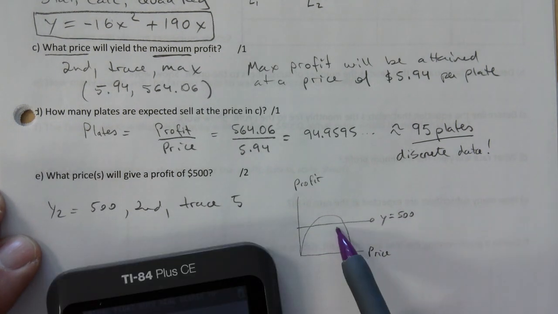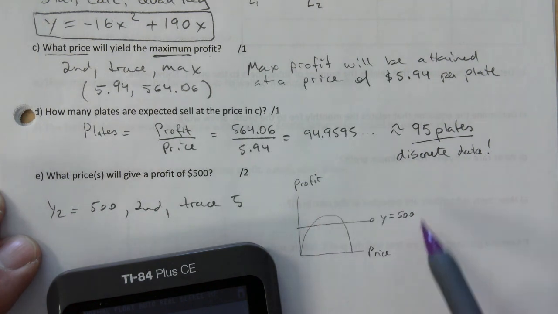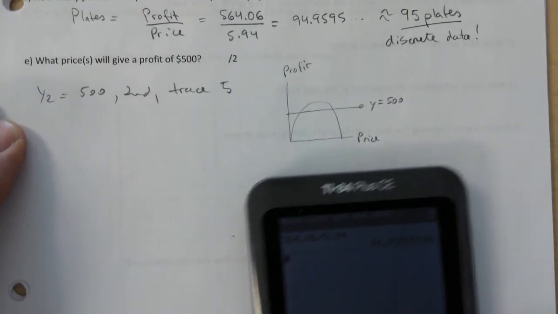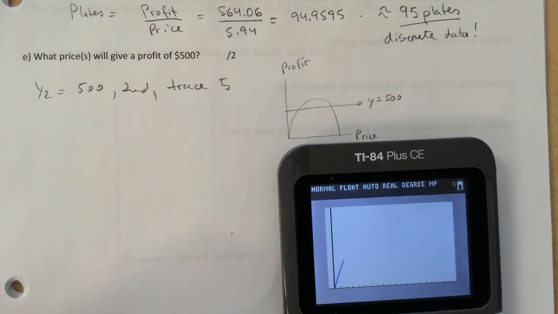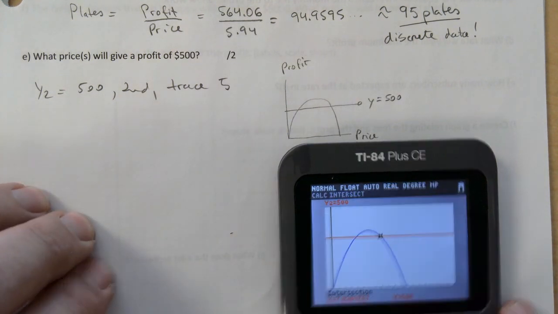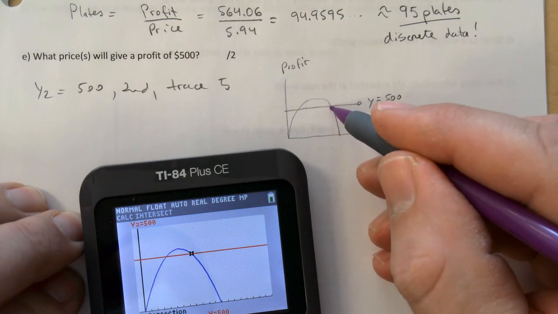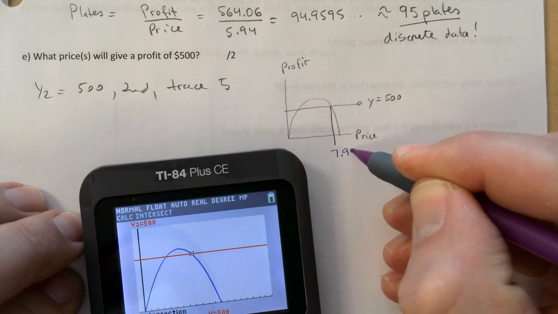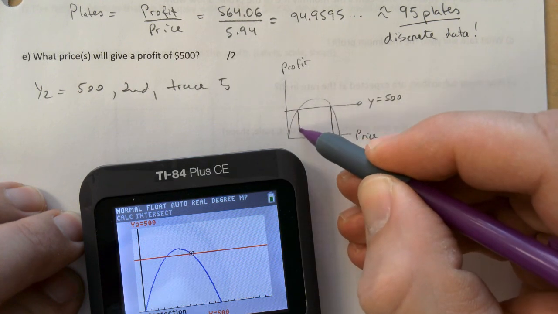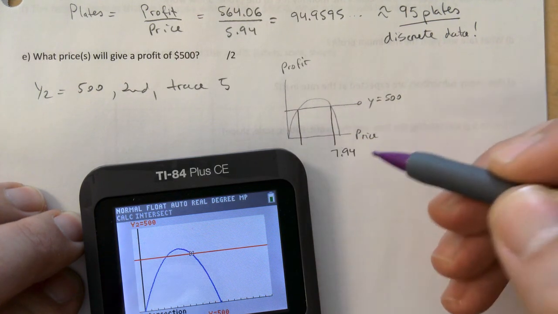You don't have to do this, by the way. This is just for you to know what's going on here. So I'm going to go y2 is equal to 500, graph that. And second trace 5, enter, enter, enter. The first one here is 7.94, and you're like, didn't you round to 4 decimals, Mr. Dirksen?